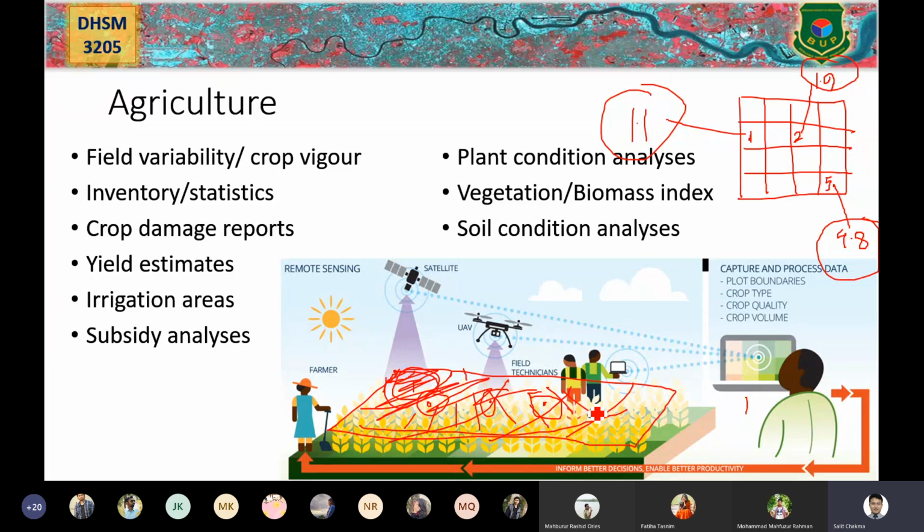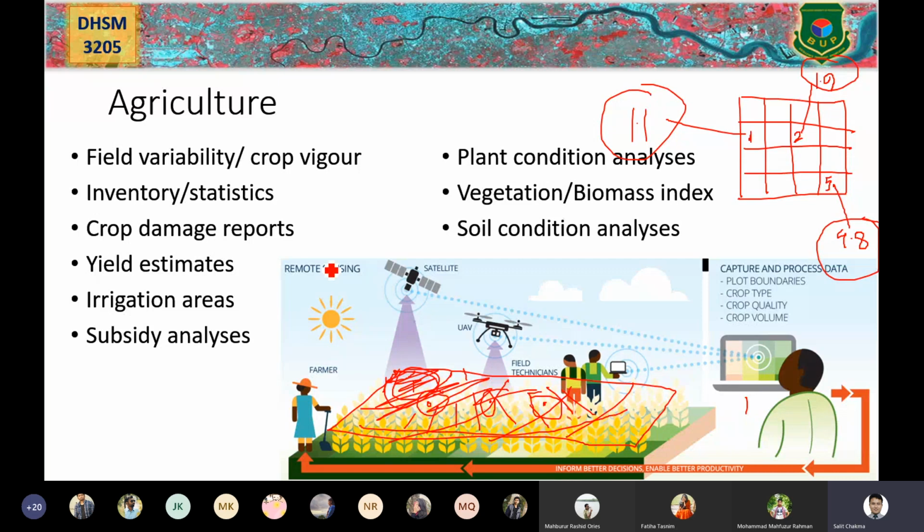So this is just one very, very small example of how remote sensing is being used in agriculture, and other applications are, for example, making an inventory of the agricultural fields or having statistics of their yields throughout multiple years, that is the time series analysis, and also damage reports, yield estimates, and so on.